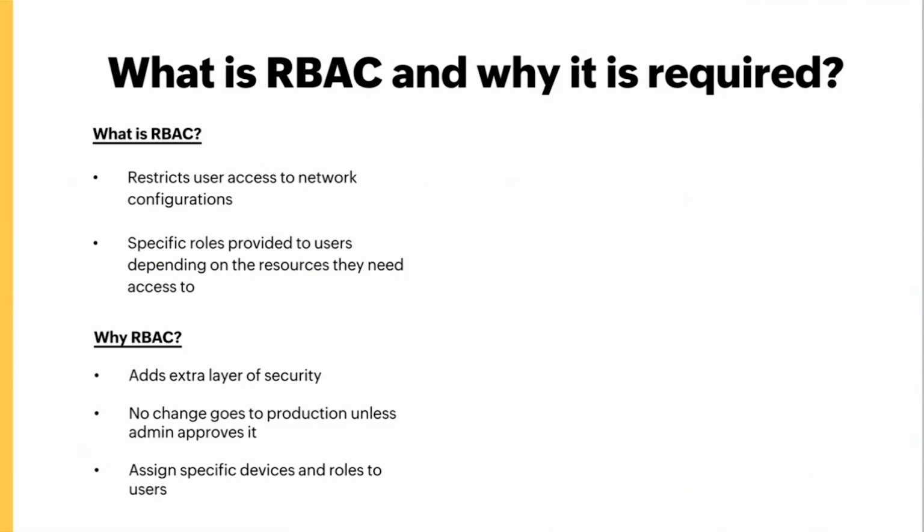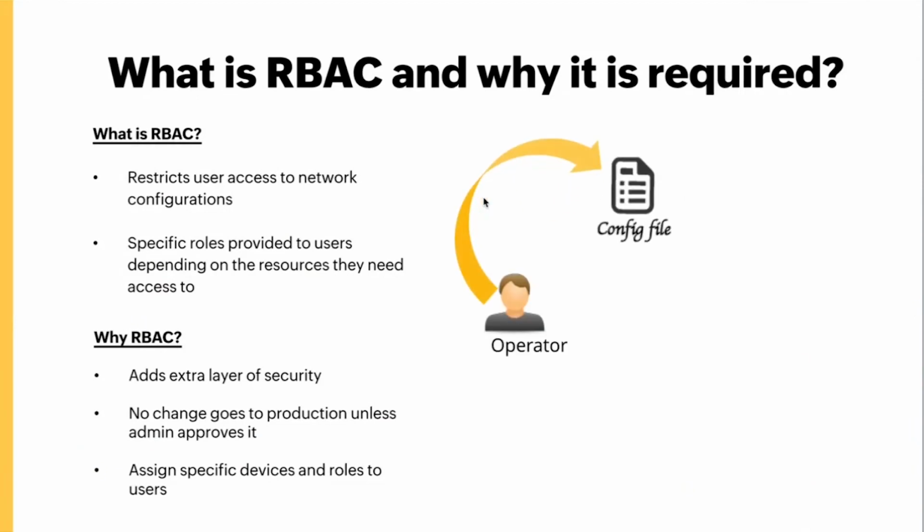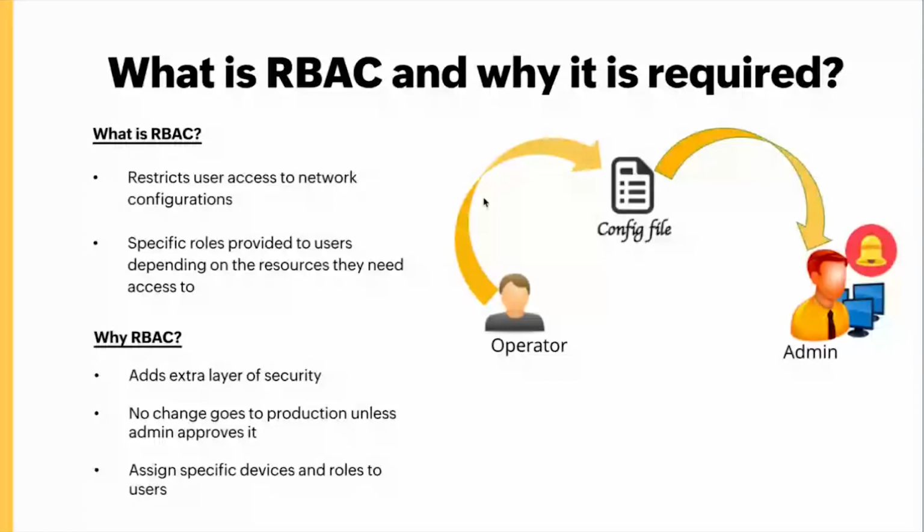Let me show you the cycle of role-based access control in Network Configuration Manager via diagrammatic representation. Let's say, for example, there is an operator. He makes a change to a configuration file. As soon as he makes a change, it will be immediately sent to the admin with a notification.